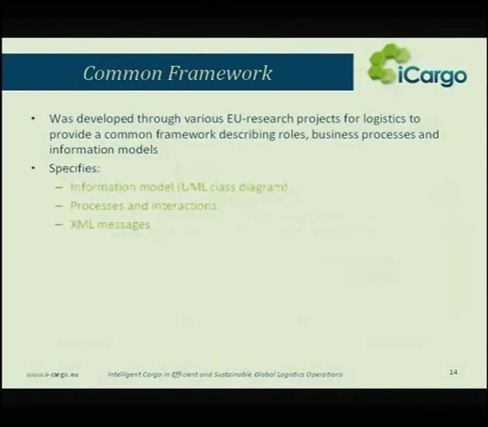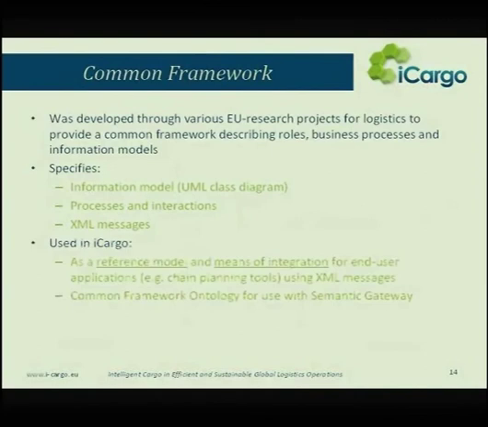Until now, this was a UML class diagram, so it was a diagram which was not computer interpretable, but it, of course, was very much usable if you want to configure your systems. It specifies the processes and interactions between the various roles in the logistic world. For example, how to handle a transport order, a booking, how to send transport statuses, and it also provides us with XML messages to deal with these interactions.